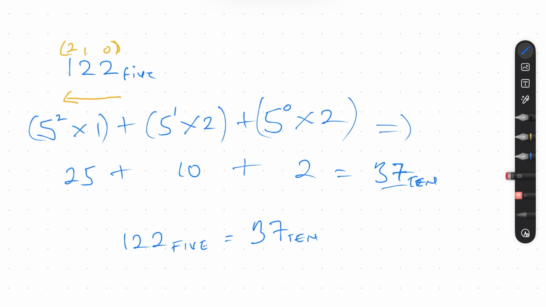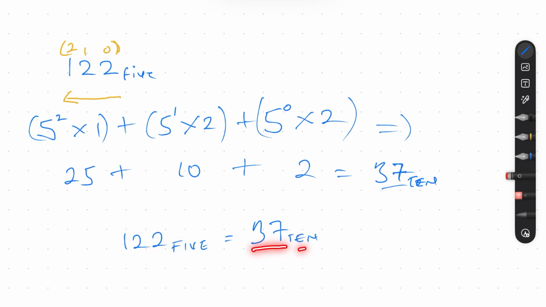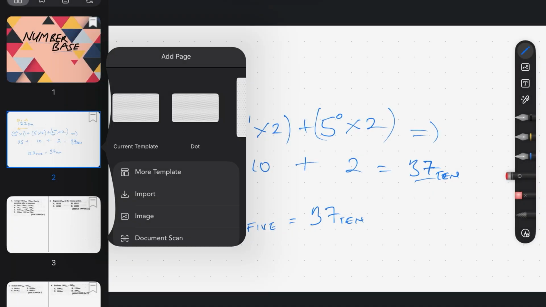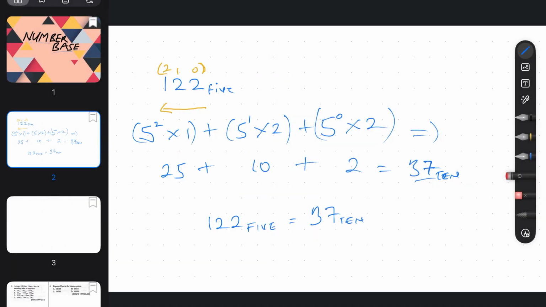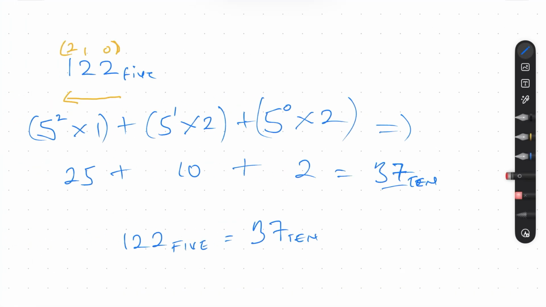Now, we can be asked to convert this back into this. So 37 base 10 to base 5. So I'm going to show you how to do that. So let's add one page after here so we can do that. Cool. Now we want to change what?